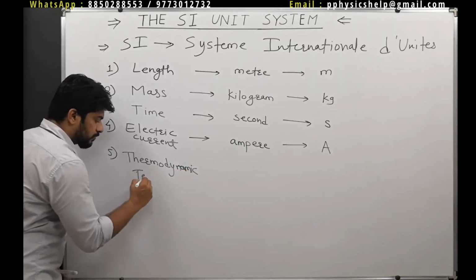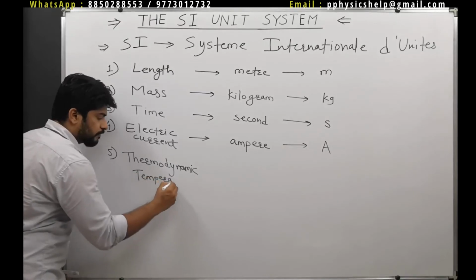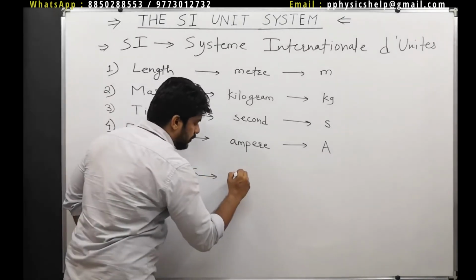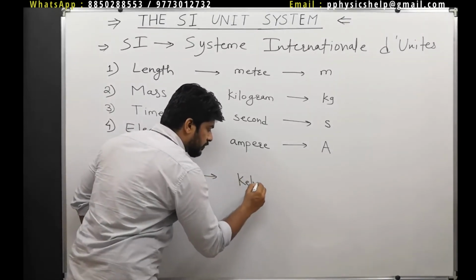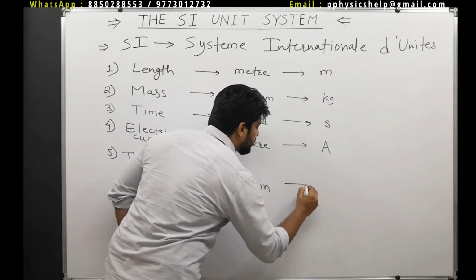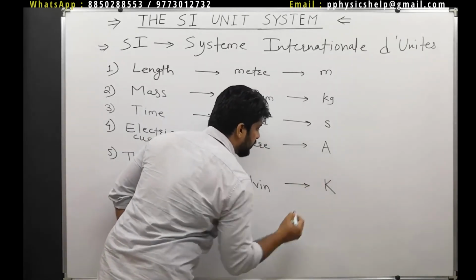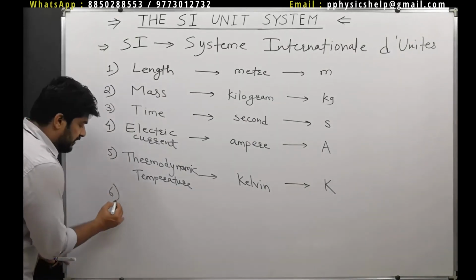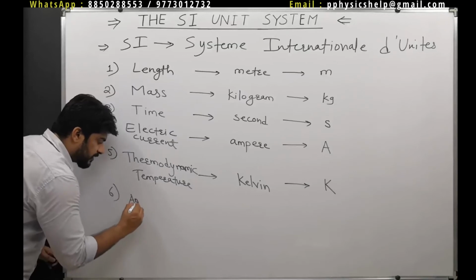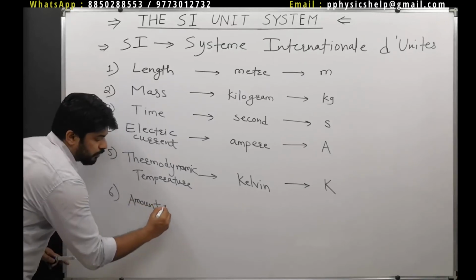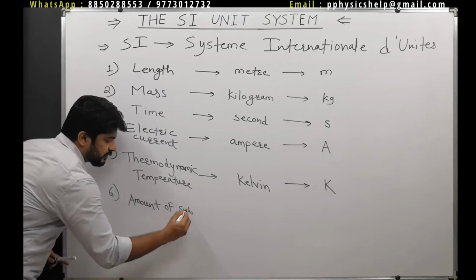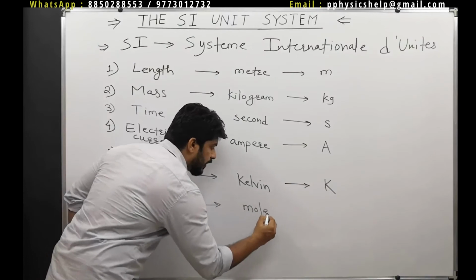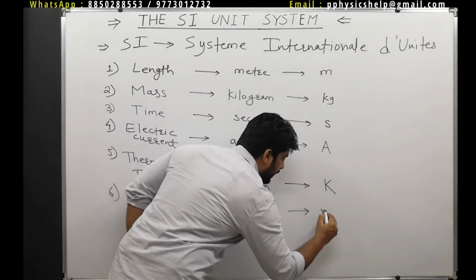It has a unit of Kelvin, and its symbol is capital K. Then the sixth one is the amount of substance, and it has a unit of mole, and it has a symbol mol.